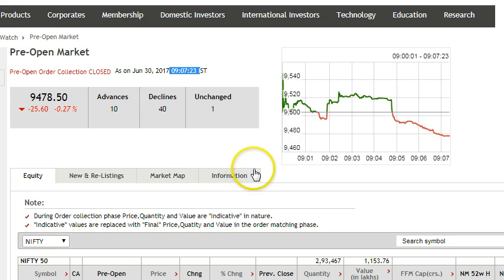So if it's trading slightly above the lower range, you can look to go long, or similarly if it is close to the upper range, you can look to book profits or get into a short position for the day. So this can be very useful. You'll need to observe this for at least 10 days and then take a call on how you can use it.